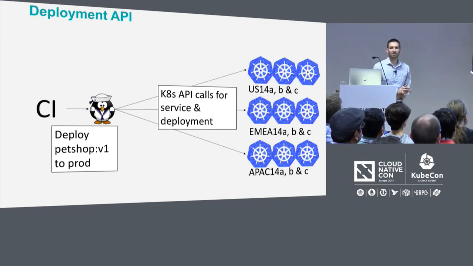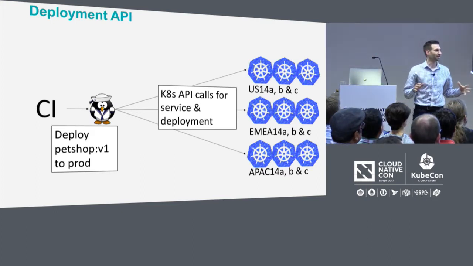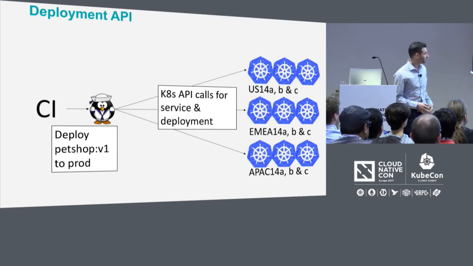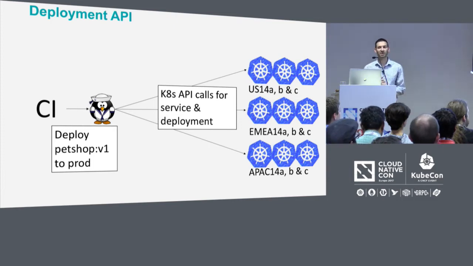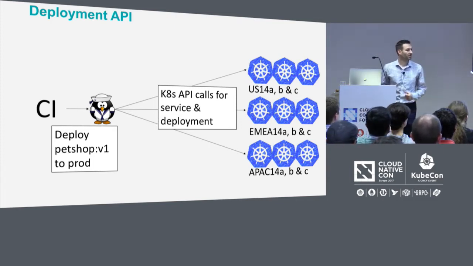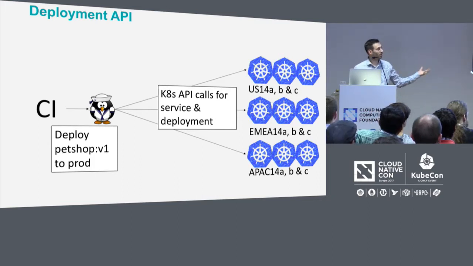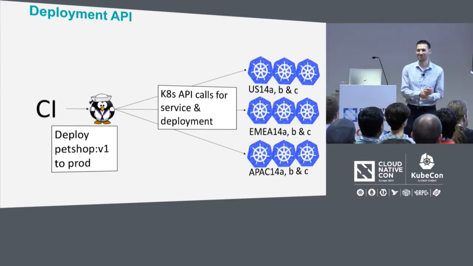A little bit about Kubernetes at Concur. This is a very high-level view. We have a lot of clusters in a lot of different locations. And in order to make it easy to deploy from a CI system onto those Kubernetes clusters, we wrote our own internal tool called Skipper. That's what the penguin is there.